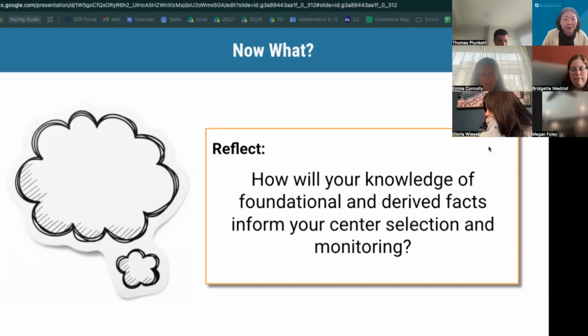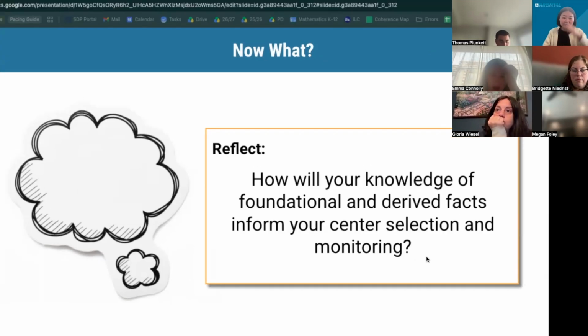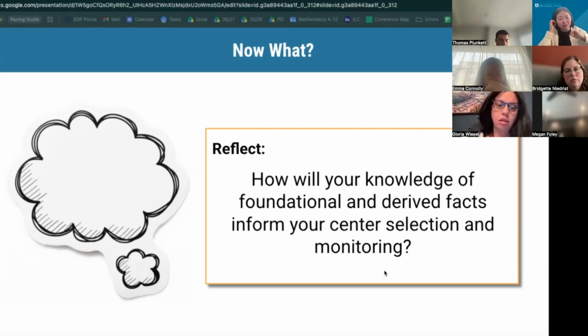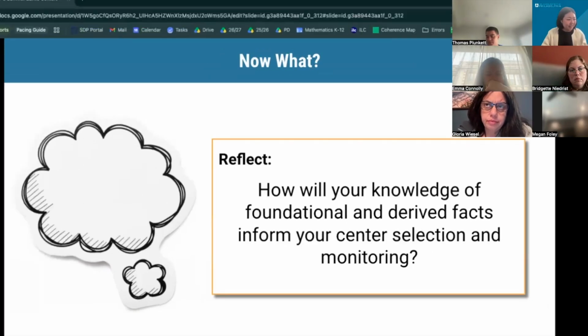Okay, in the chat, I'm going to ask you to write your thought based on this question, or if you had a question based on what we went over about multiplication fluency, or maybe a question about addition fluency, put it into the chat. So go ahead and jot down your answer or a question that you might have about fluency. Whenever you're ready, you can go ahead and press enter, since all of our thoughts might be slightly different.